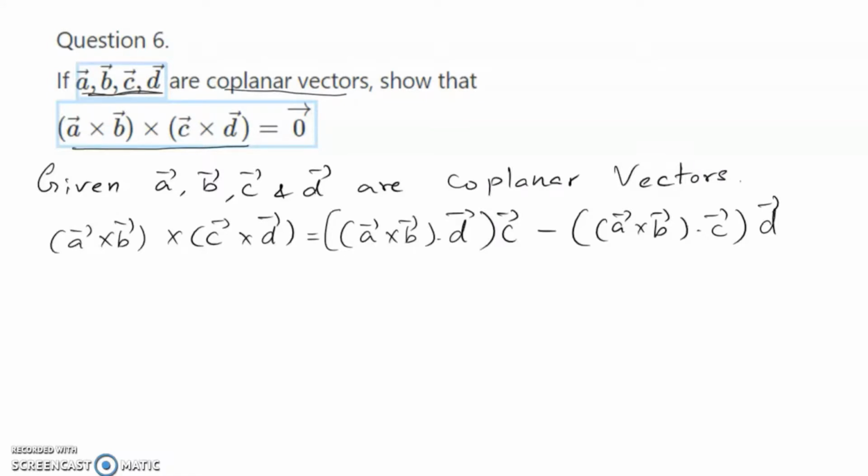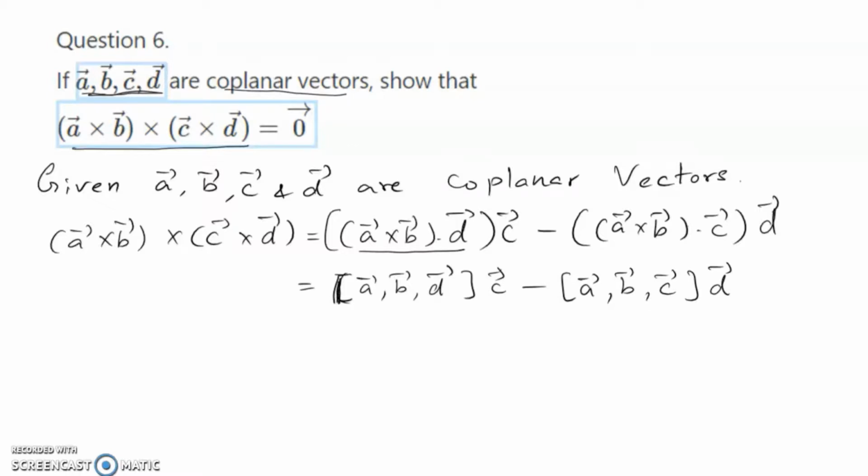Okay, now if you see this, this is a scalar triple product. So we can write this as box product [A, B, D] C vector minus [A, B, C] D vector.